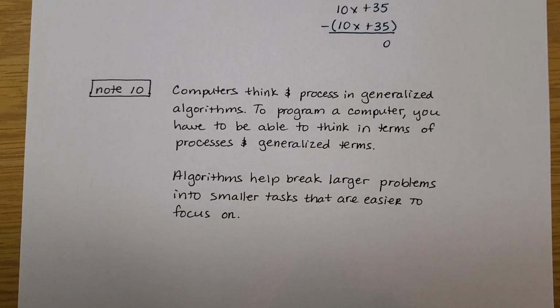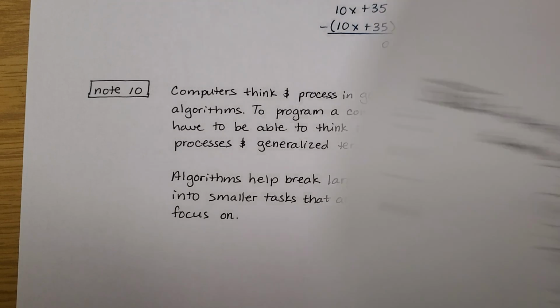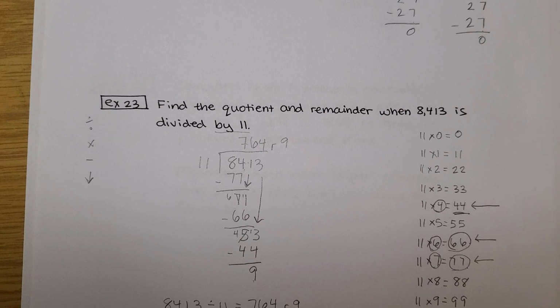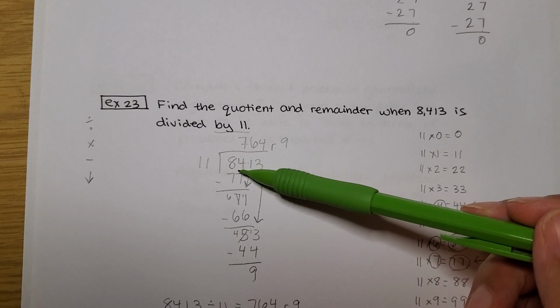I also wanted to point out this process of algorithms. So computers think and process in terms of algorithms. They think in terms of generalized descriptions of what to do, as opposed to specific things of what to do. Here's what I mean by that. In this problem that we did before, a specific question to ask would be, how many times does 11 go into 84?